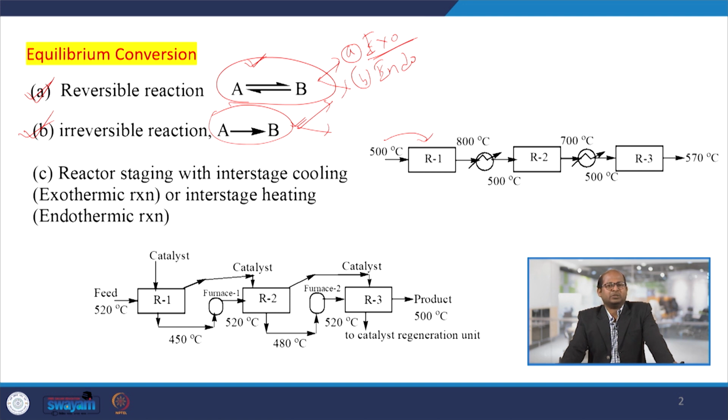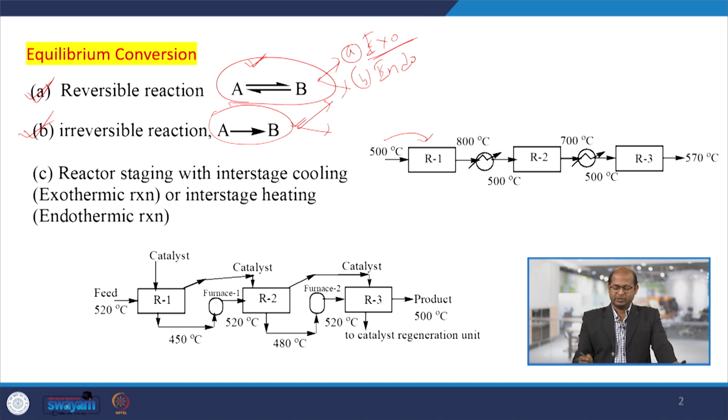Once the temperature increases, what would happen? Conversions will decrease, or byproduct formation, secondary reactions or other side reactions, would take place. As a result, the overall performance of the reactor would not be good.